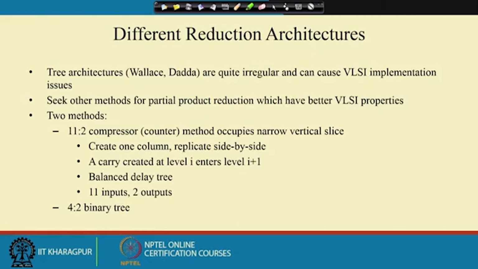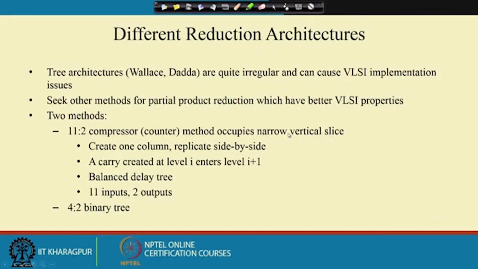We can use the 11:2 compressor or we can use the 4:2 compressor. These particular methods are very much useful as the structure is regular. So, for the VLSI implementation of those multiplier architectures, that gives some advantage to the circuit realization.